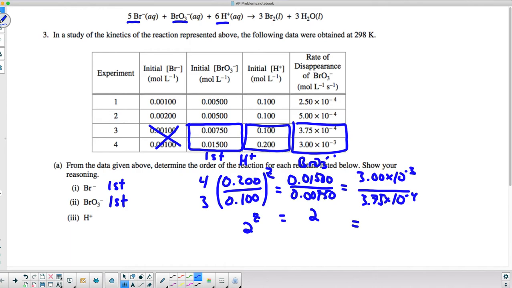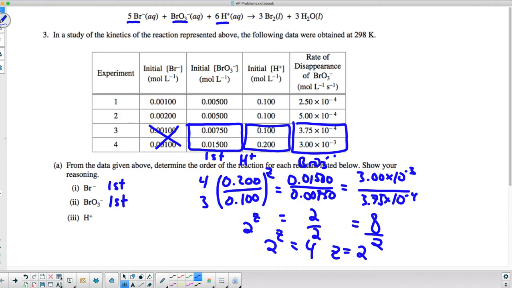I notice that 3.0 times 10 to the -3rd divided by 3.75 times 10 to the -4th actually equals 8, like this. So if I want to get all of these together, I divide here and here so that my 2 to the z now equals 4 and my z equals 2.